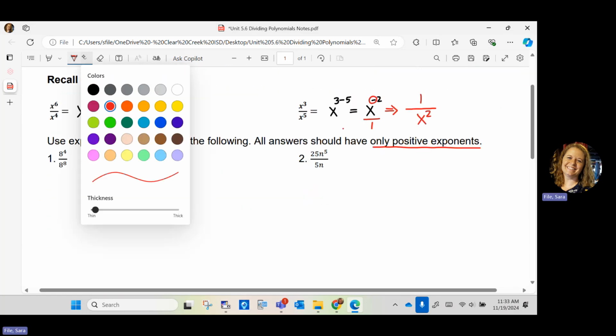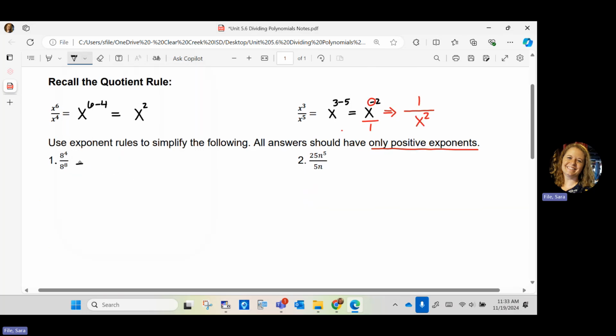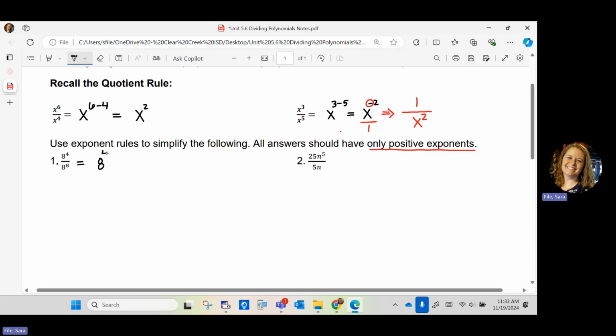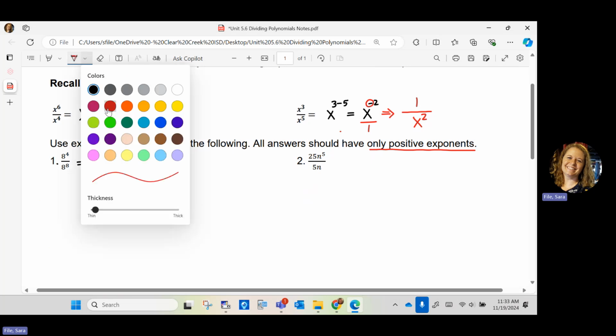In number 1, I've got a base 8 in both the numerator and denominator. So 8 is my base. My exponent on top is 4 minus the exponent on bottom, which is 8. So 4 minus 8 is -4, which we do not keep as a negative exponent.